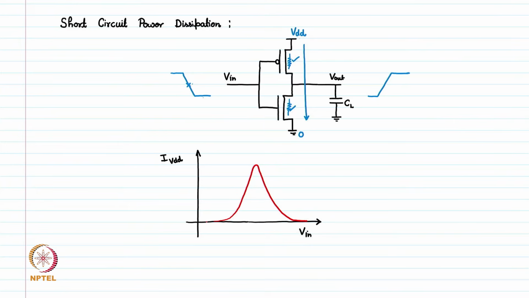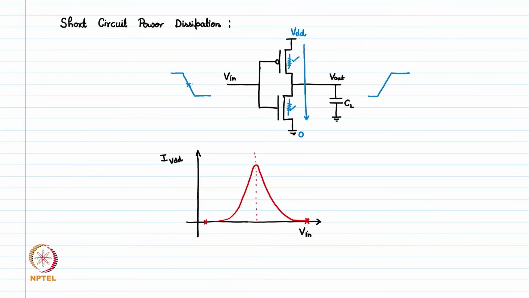So at very low value, this current will not be there. At very high value also, it will not be there. But during the transition, when this input voltage is not very high and not very low, it achieves a peak, and this current flows from VDD to ground.